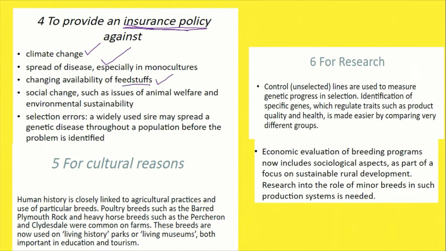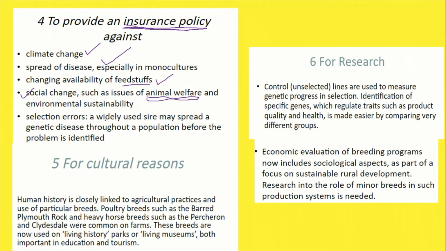Maybe there is no longer enough food. Maybe social changes such as issues of animal welfare and environmental sustainability. Maybe at some point we'll no longer be allowed to have animal models for some reason. But if we have already stored genetic resources somewhere, then it will not affect us.